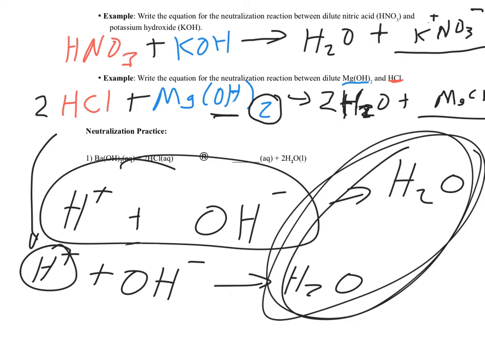Okay, good. There's one more thing I think we need to fix about this, and unfortunately I just kind of screwed it up so that I'm going to have to write over it, but okay. All right, good. So our problem here is that not only did this 2 right here make 2 hydrogens, but it also made 2 chlorines.